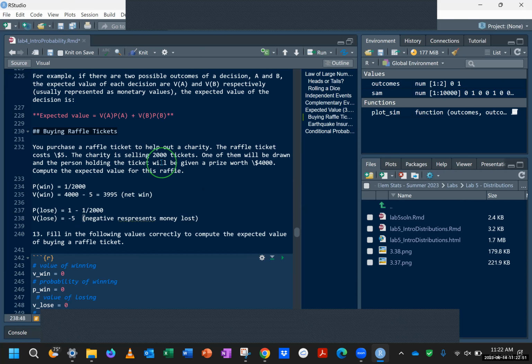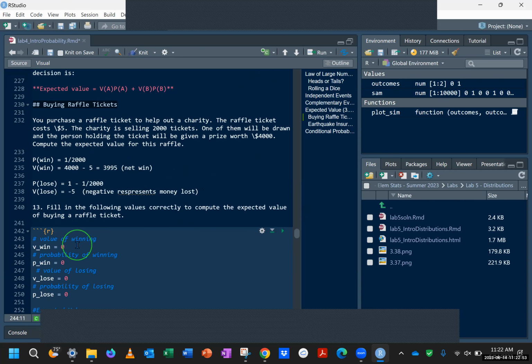Now we can plug these numbers in here. The value of winning was 3,995, the probability of winning was 1 out of 2,000, the value of losing was -5, and the probability of losing ends up being 1,999 out of 2,000.